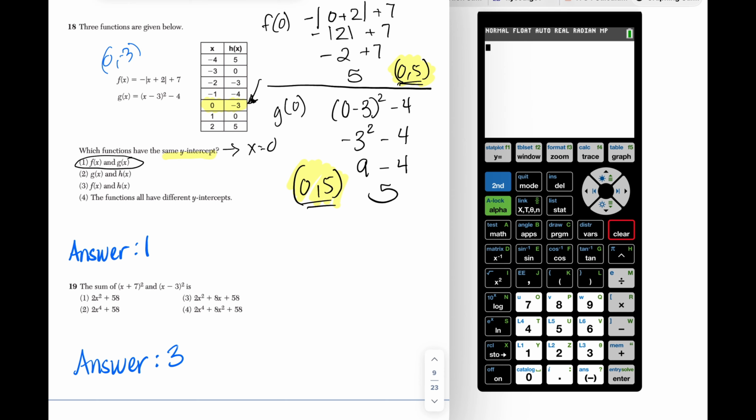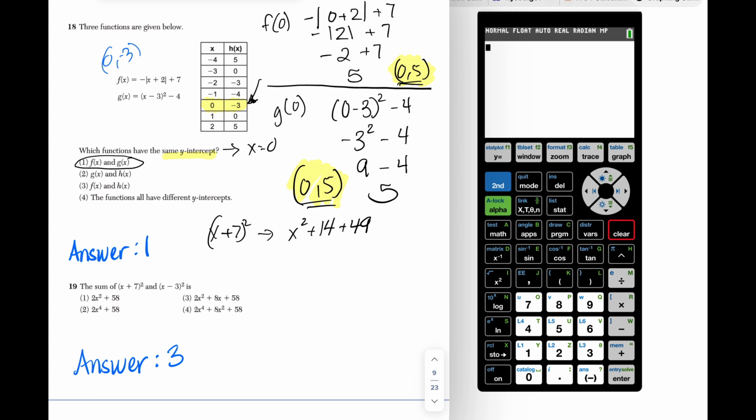All right, let's look at number 19, and we have the sum of x plus 7 squared and x minus 3 squared. I'm going to write this out. Now, some of us can kind of see, when I see this form, x plus 7 squared, that this is going to be a trinomial, x squared plus 14x plus 49.